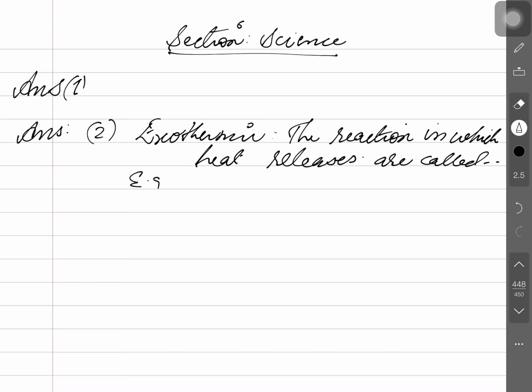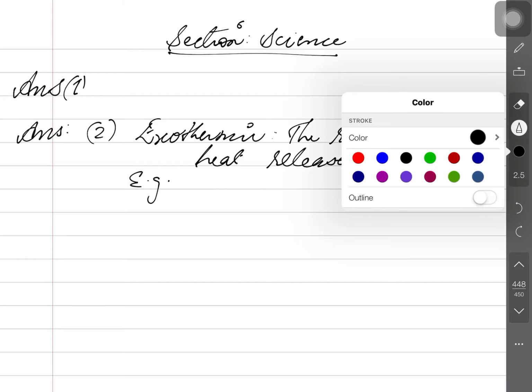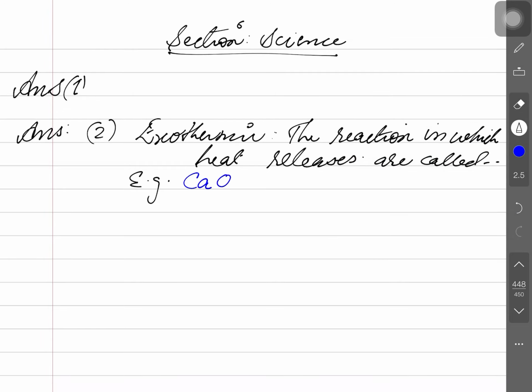Example: calcium oxide plus water, H2O, what will it give you? The reaction will give calcium hydroxide. You just have to know, any oxide when combined with water generally forms a hydroxide, but sometimes for some elements the process does not take place, though they are very rare. Then you write the liberation of heat.